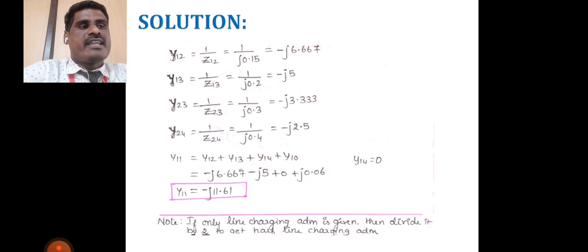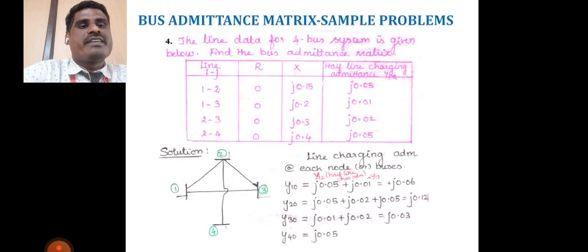So, next, apart from the diagonal elements, we can calculate the remaining values Y12, Y13, Y23, Y24. So, Y12 equals 1 by Z12. Admittance is the reciprocal of impedance, that means Y equals 1 by Z. So, Y12 equals 1 by j 0.15. How does it come as j 0.15?